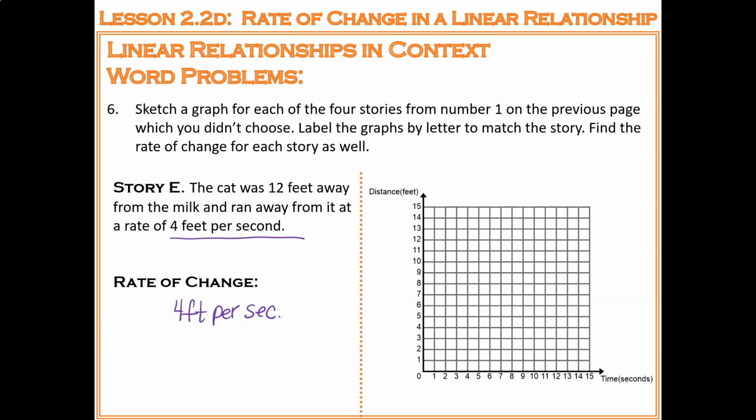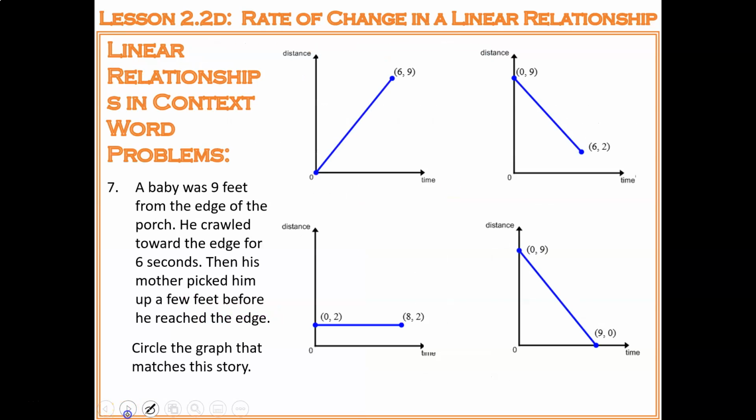So here it's 12 feet away, so it's going to go up 4 over 1. So you're just going to have a little sliver there. That cat is running away. So at 1 second, the cat will be up here, 16 feet away.